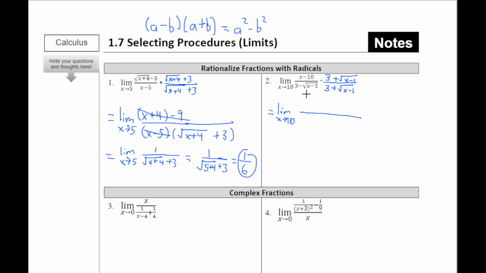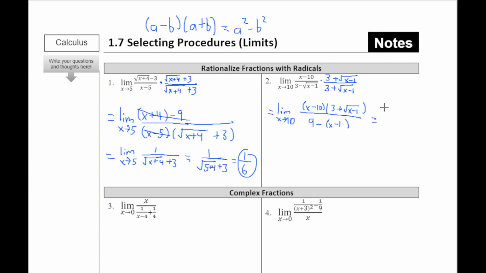We can do the bottom first since that's the a minus b times a plus b. That's 9 minus parentheses x minus 1. The parentheses are important because you're subtracting this entire radical, and without them you'll get wrong negatives. And then you can just leave the top what it is, x minus 10 times 3 plus root x minus 1.